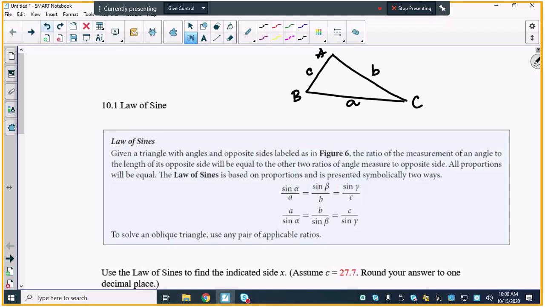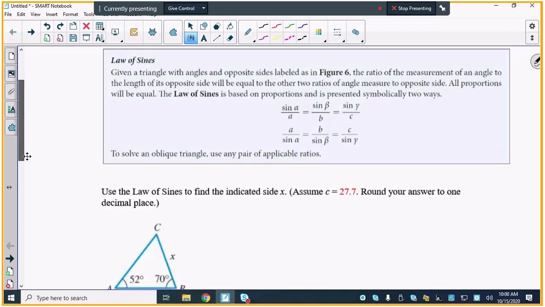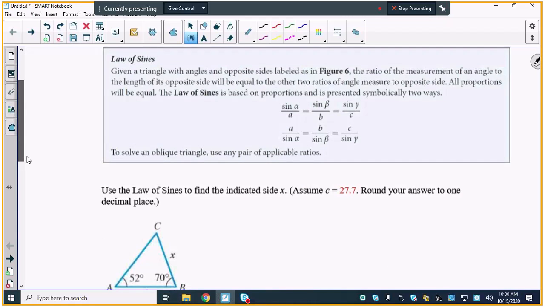They are going to be called the law of sines and the law of cosines. First, we will talk about the ratio that comes from the symmetry, and that is called the law of sines.